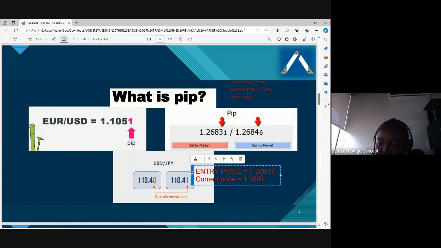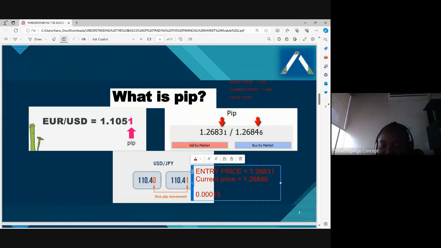With this, if we want to subtract it, we have 0.0001. Is it 1, then 6 minus 5?